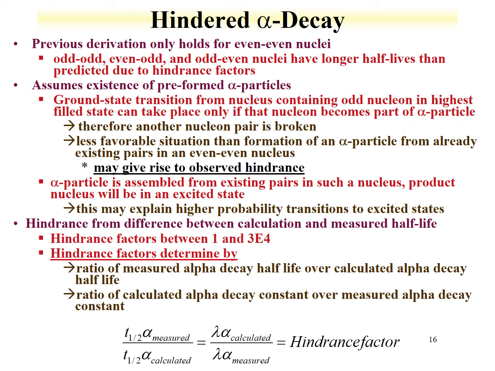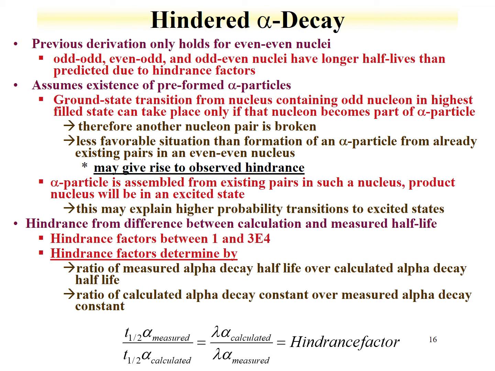So if I have an odd nucleon, that means that the highest energy nucleon in that nucleus is unpaired. In order for that to become part of the alpha particle that's emitted, a nucleon pair has to be broken. So this is a pretty unfavorable situation because the alpha particles can already be formed from existing even pairs.